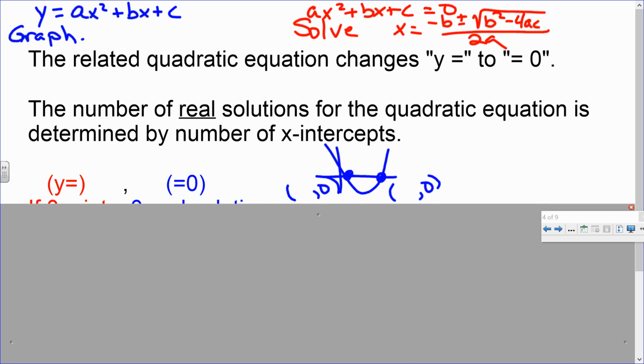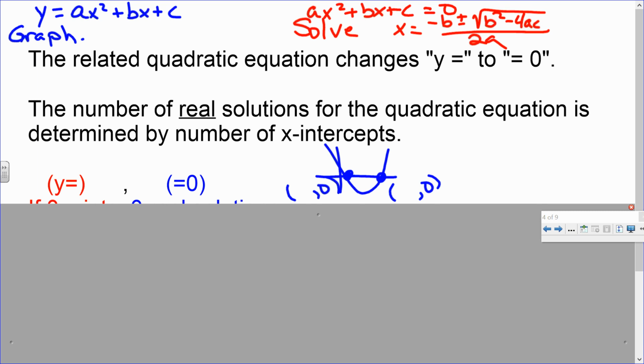So that means the y was 0. So if I change the y to 0, those are the points that I'm talking about. Do you see how those are connected to each other? So when I'm asking for the x-intercepts, that's also what are the real solutions of the related quadratic, or how many real solutions are there? You're looking for how many x-intercepts.